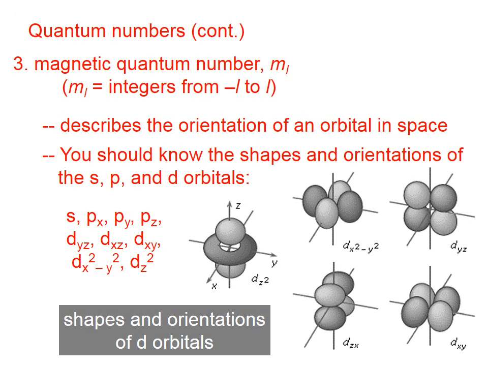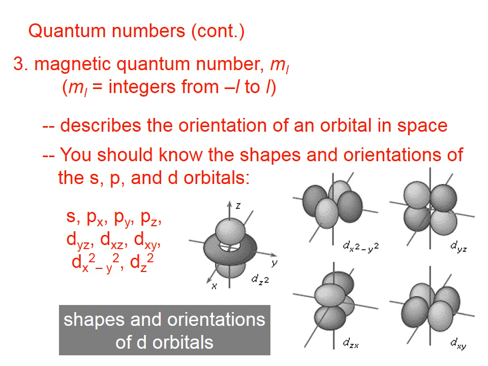The third quantum number is called the magnetic quantum number, m sub l. And m sub l has the value of integers from negative l to l. You might remember that if the second quantum number, l, is equal to 0, that's talking about s orbitals.